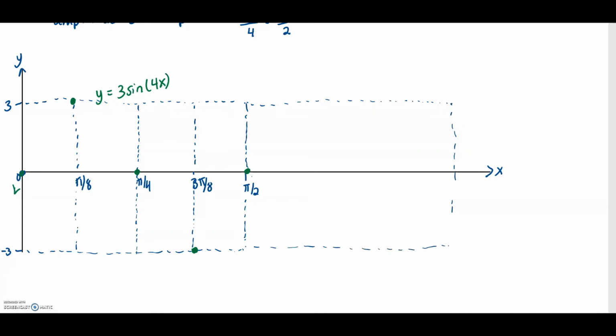Because if one period occurs in pi over 2, then a second period will occur by pi. So you can re-subdivide these rectangles, and you can just watch here and see what the second period looks like.